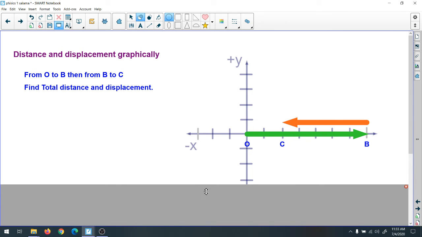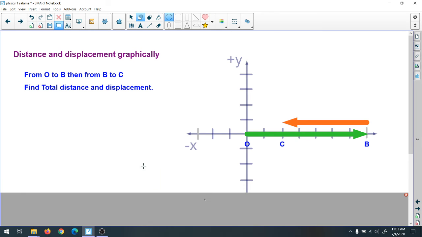No more, please, 5 minutes. Use the previous video as a guide to answer this. So you're going to pause, and then give me the final answer. Copy whatever you have in front of you, all inputs here, the graph, from O to B, then from B to C, and then find the distance, then find the displacement.